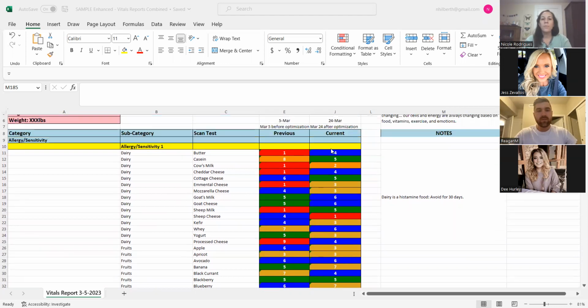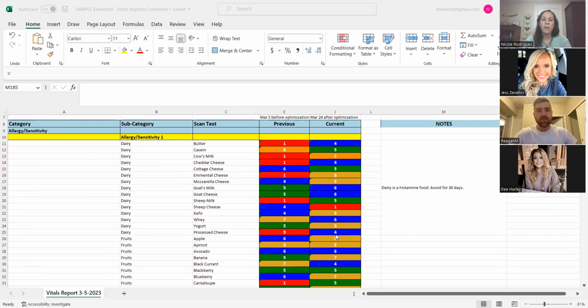Then through optimization, his numbers actually got much better, but I did note that dairy is very much a histamine food for him. Based on the rest of his scan, I would recommend him avoiding it for about 30 days to see how he would feel.